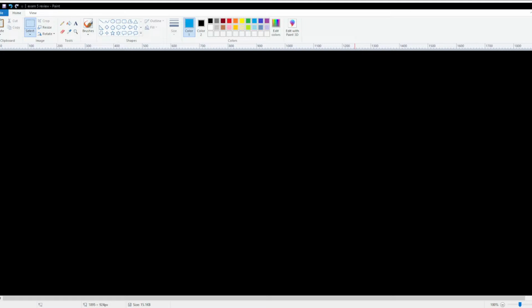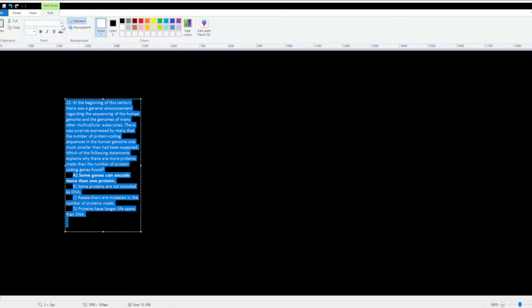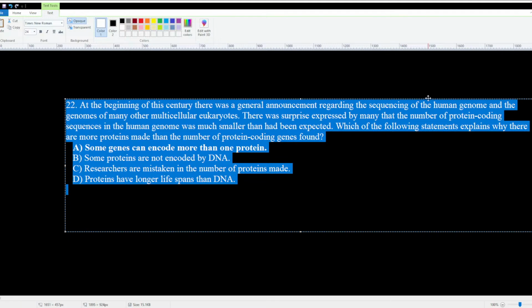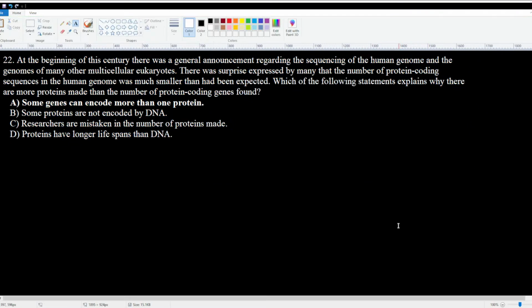So number 22 is quite long, at least the question itself is. Number 22 is saying, at the beginning of the century, there was a general announcement regarding the sequencing of the human genome and the genome of many other multicellular eukaryotes.